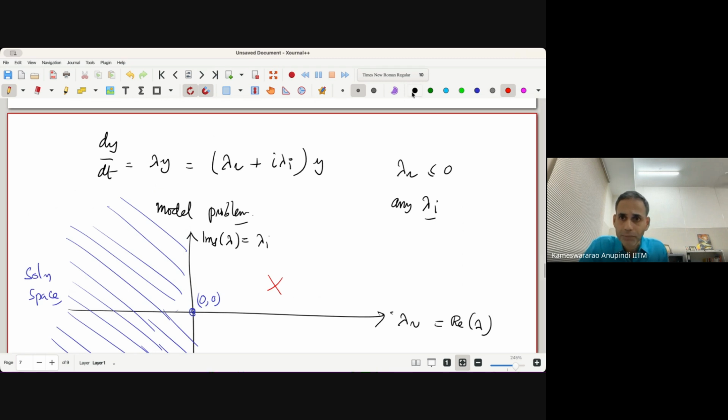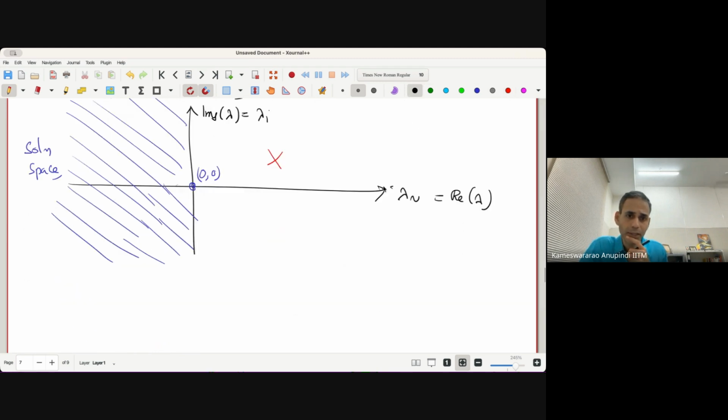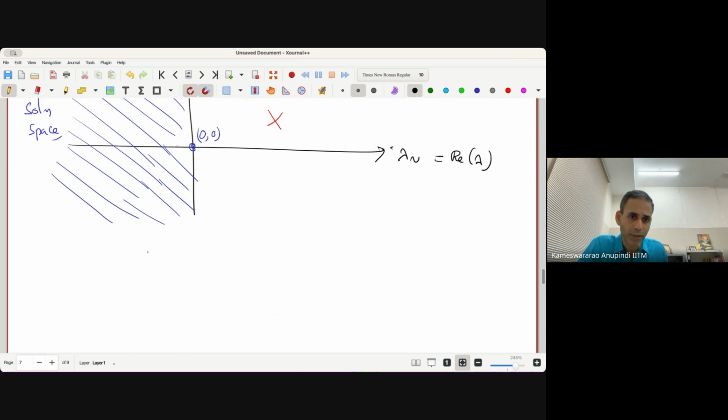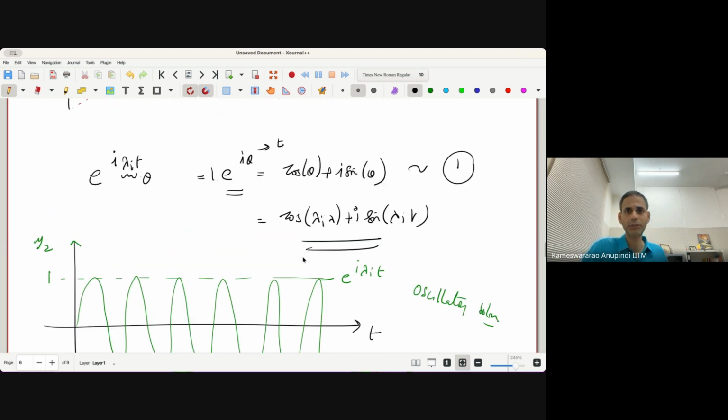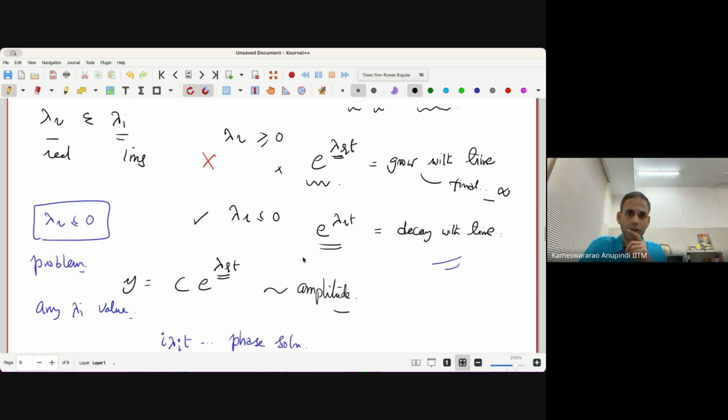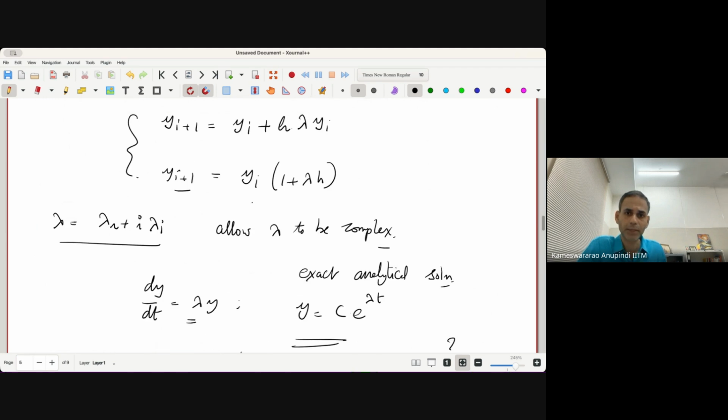Then in this context, let's go back. For the explicit Euler method we have written y_{i+1} equals y_i times (1 plus lambda h).